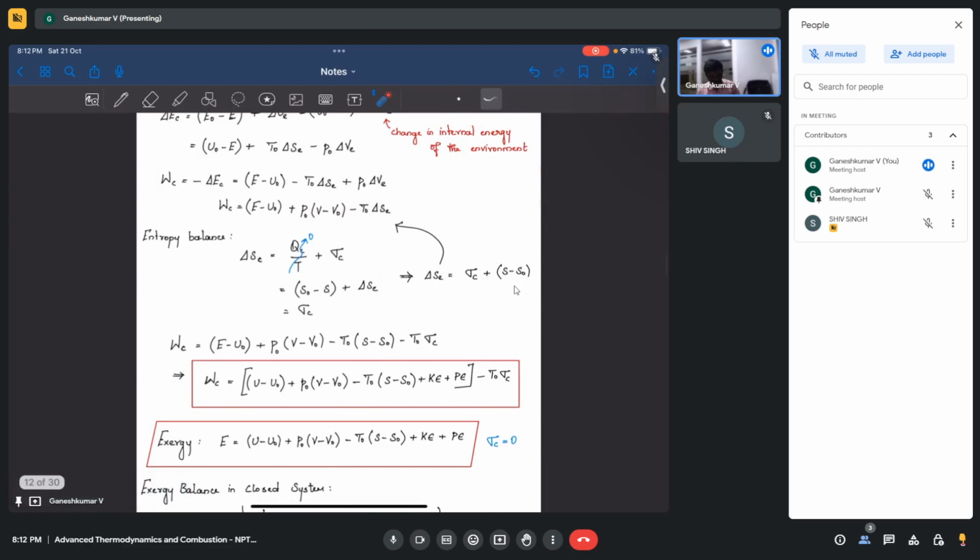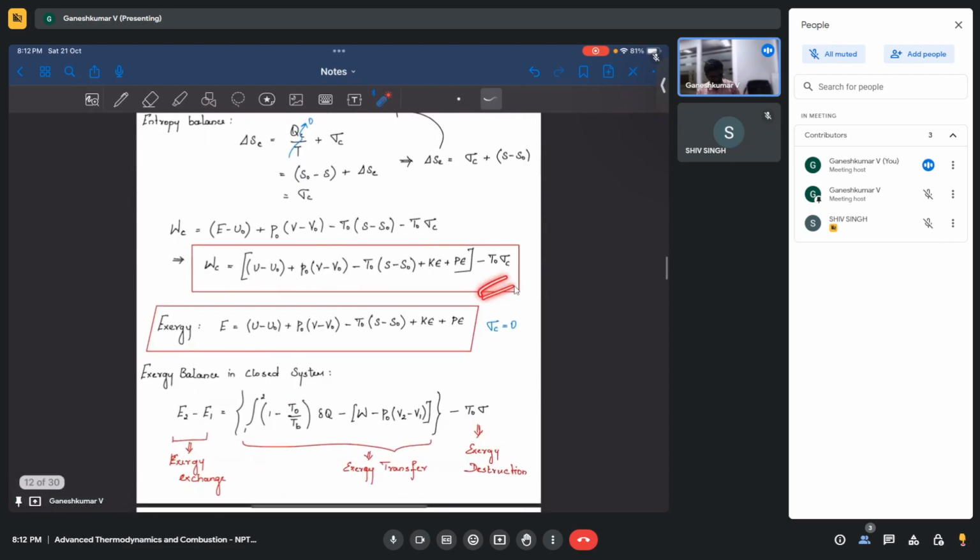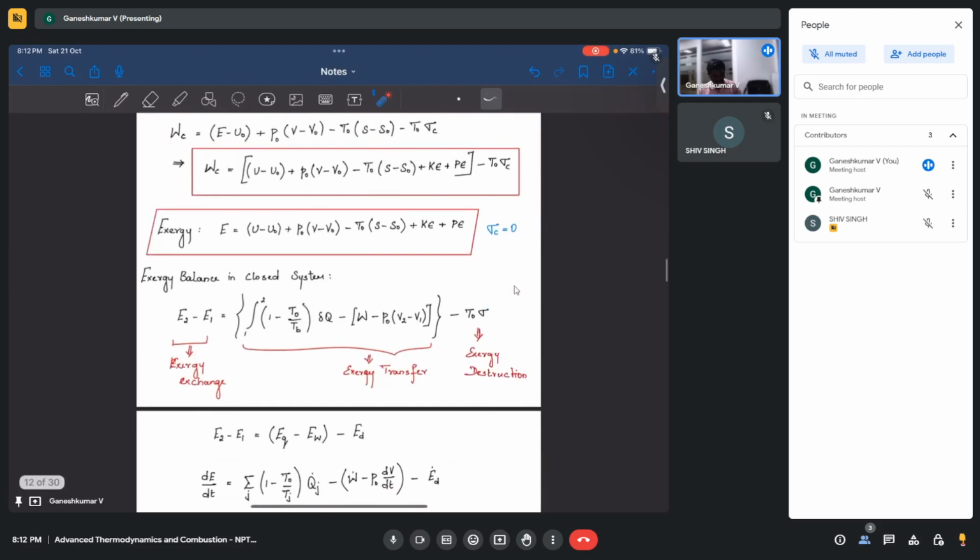So we have exergy analysis, and we had exergy balance also. Basically, exergy is defined for a closed system plus the immediate surroundings.